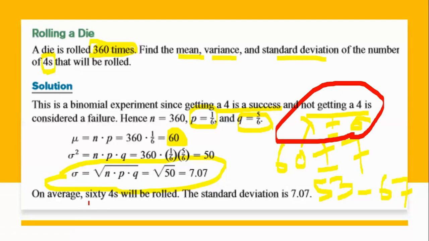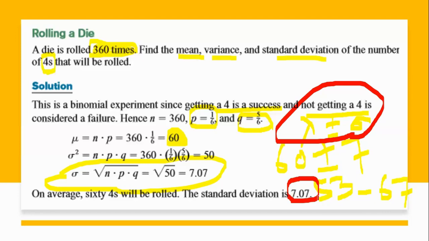Okay, so on average 60 4s will be rolled, but definitely everybody will have some slight variations. Definitely this standard deviation is also calculated, to find to which extent it should vary. So for example, someone has a value, for example 75 4s, right? This is a possibility, it can happen, right?